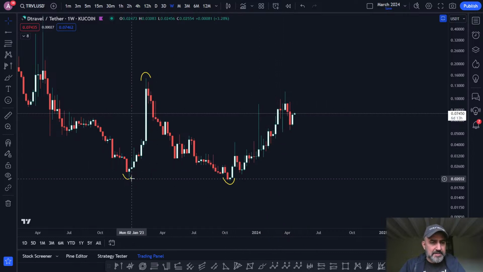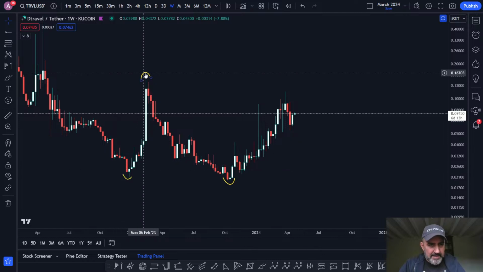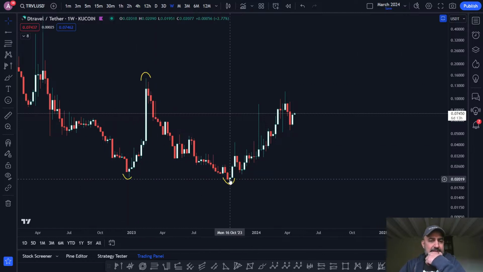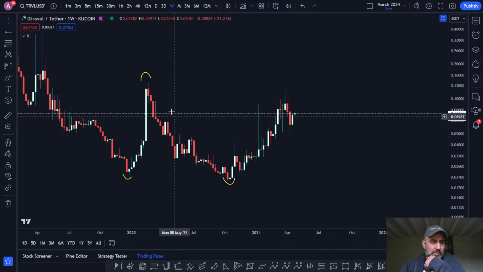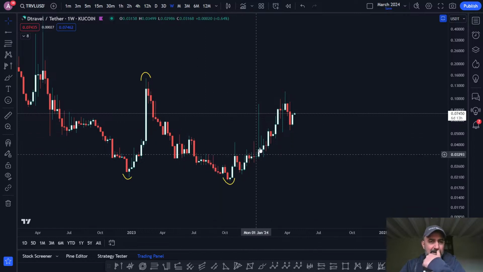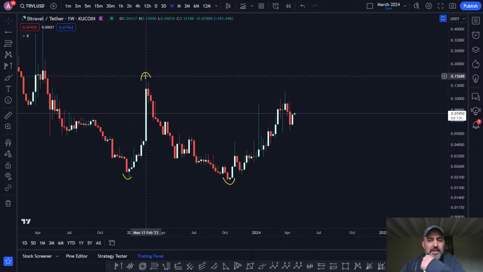They're not, because this was the move that took us from a lower low to a higher high, and then we made a lower low here. None of these lows were lower lows, because it was from pivot to pivot. On the weekly time frame, it went all the way down to here to put in a lower low. Now we have to go up and take out that high.